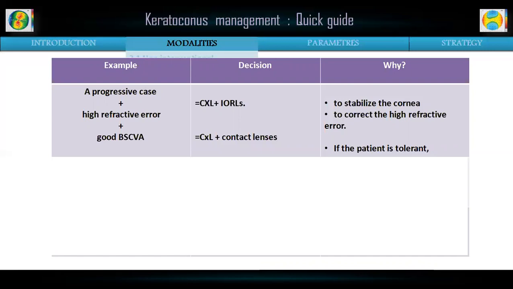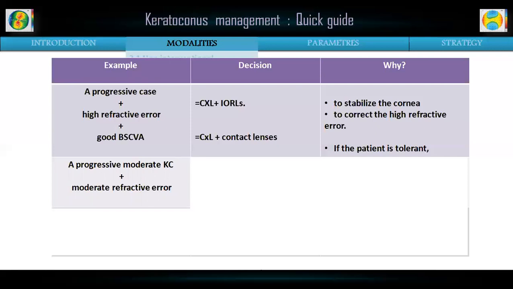And the second decision, we do cross-linking with contact lenses if the patient is tolerant to these contact lenses. The second example, when we have a progressive moderate keratoconus with a moderate refractive error.